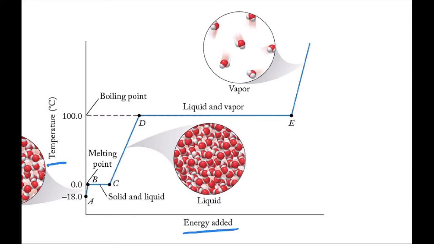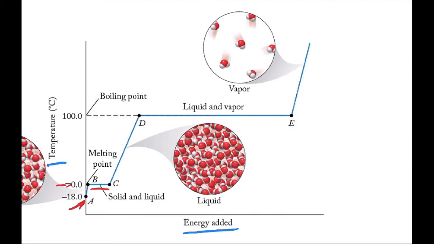So if we start at minus 18 degrees Celsius and add a little bit of energy, we're going to get to a point where the ice is starting to melt. So at its melting point, it is now undergoing a phase change from solid to liquid. So we're at a point where we're continuously adding energy to the system, but the temperature is not changing. Right? So as long as this phase change is occurring, the temperature will remain at 0 degrees Celsius, even though we're continuously adding more energy to the system.